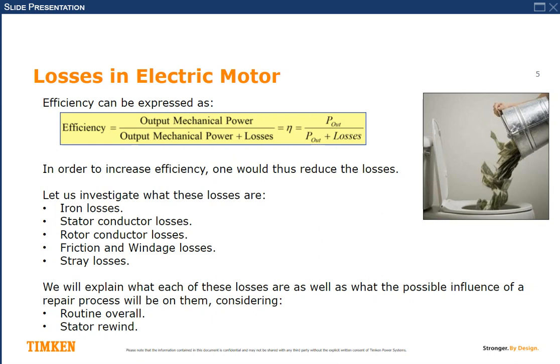However, when the machine fails, you very likely will have a stator rewind. Now, there have been a lot of studies by IEEE and others that show when machine failures occur.